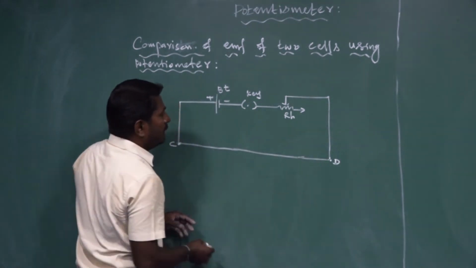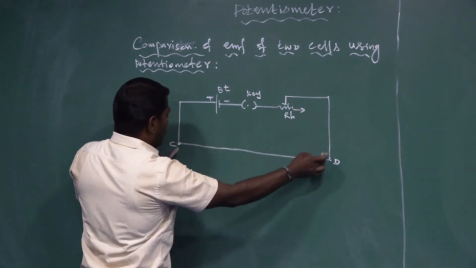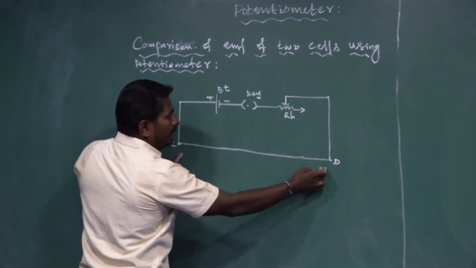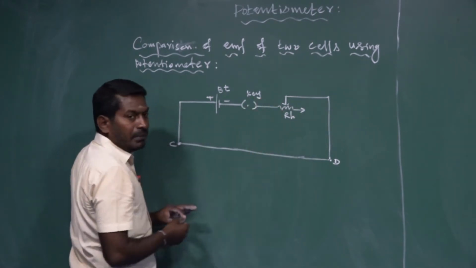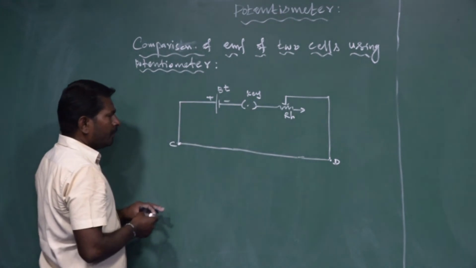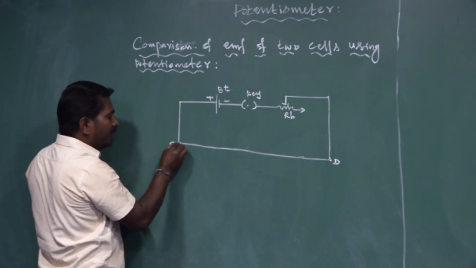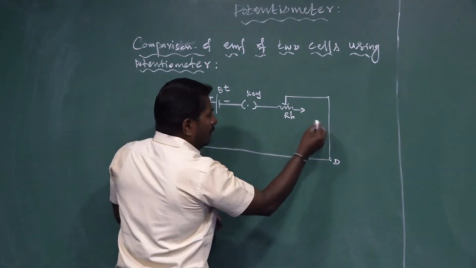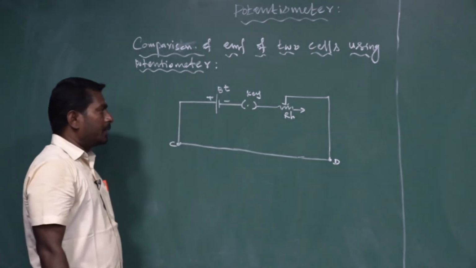CD is the potentiometer wire. See, the battery, key, rheostat and potentiometer wire CD are connected in series. This forms a primary circuit. The positive terminal of the battery is connected to the C end of the potentiometer wire. The last end of the rheostat is connected to the D end of the potentiometer wire.